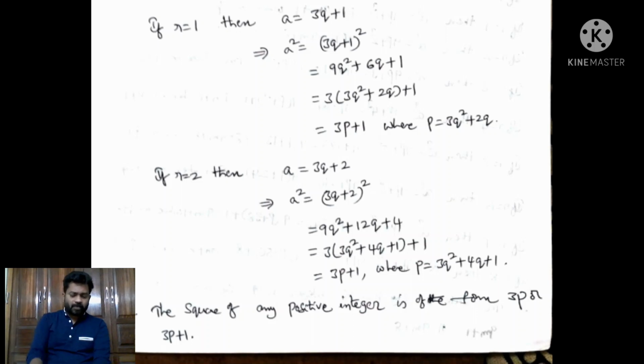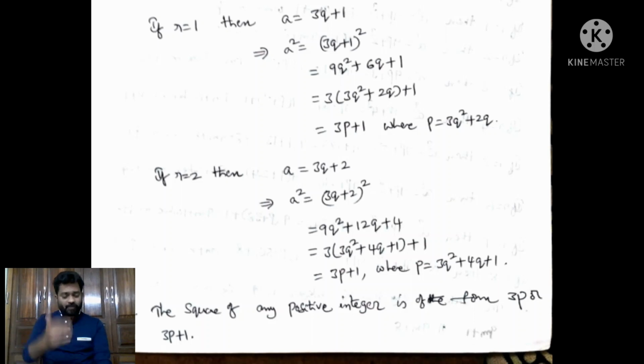So 3q whole square means 9q square plus 2ab means 6q plus 1 square means 1. This is written as 3 into 3q square plus 2q plus 1. It is also written as 3p plus 1, where p equal to 3q square plus 2q.